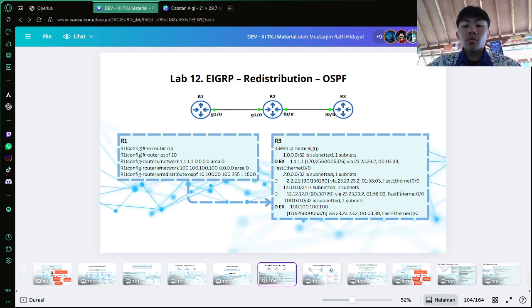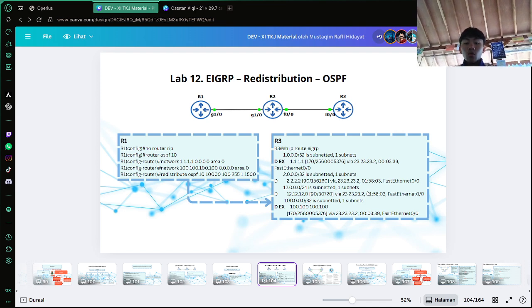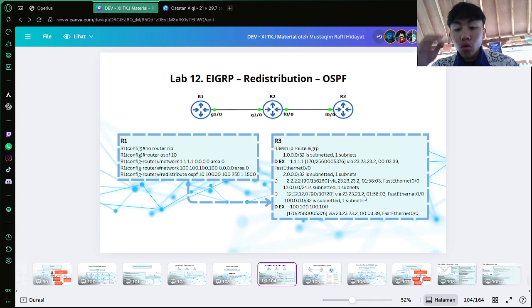For the interface configuration, Router 1 and Router 2 use a GigabitEthernet connection, and Router 2 and Router 3 use a FastEthernet connection.